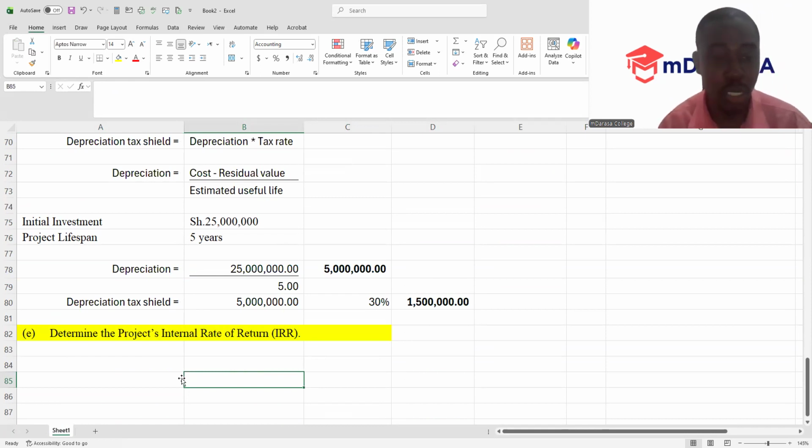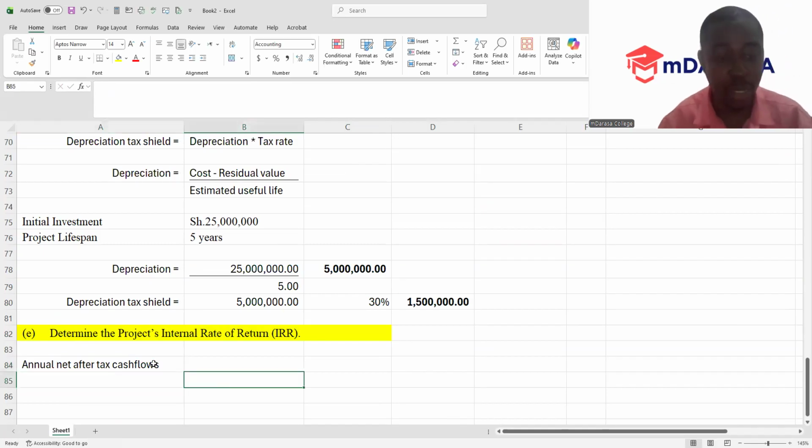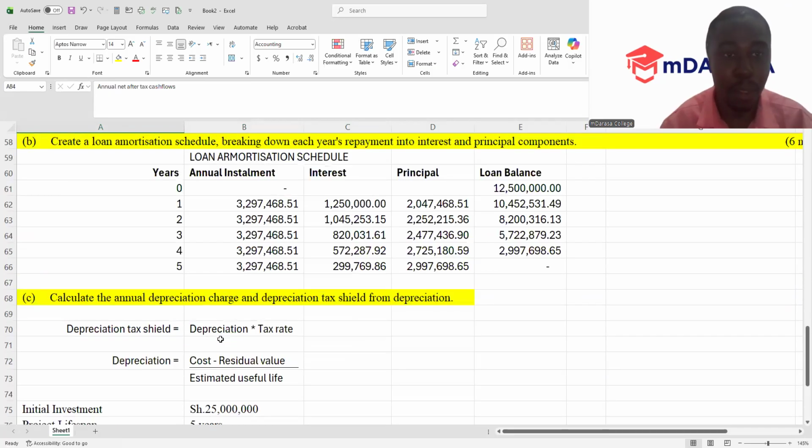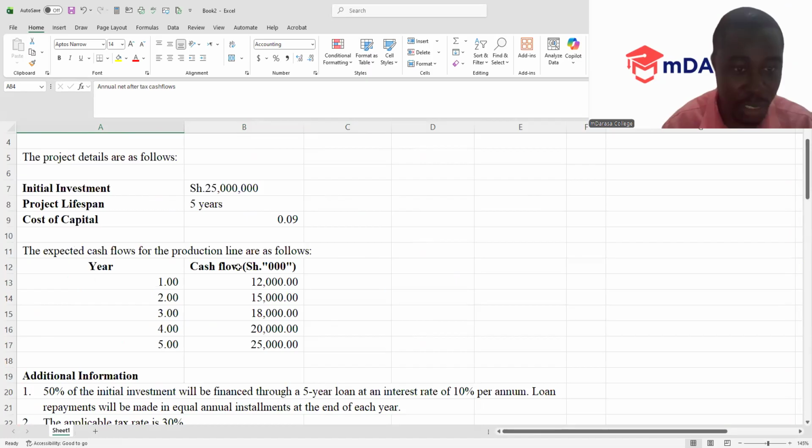And in this case, we normally use the annual net after tax cash flows. See? Annual net after tax cash flows. I guided us on the same. So in this context, let us see. These were just our cash flows.